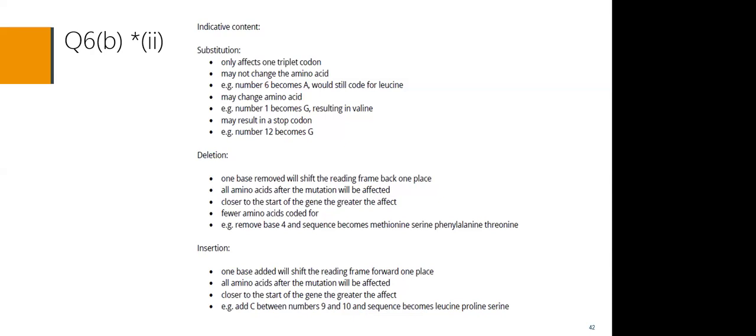And again, it may result in a stop codon with an example. The effects of a deletion with an example at the end. An insertion, again, an explanation of what effect it will have with an example at the end.